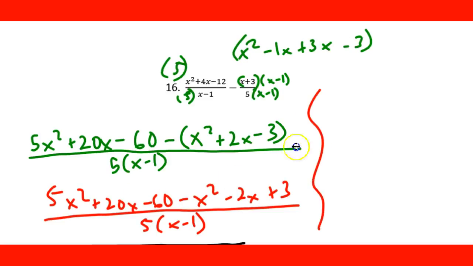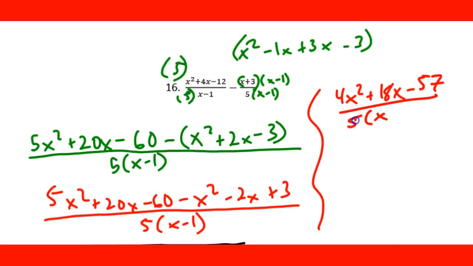We have 5x squared minus x squared, that's going to be 4x squared. 20x minus 2x is going to be 18x. And then we have negative 60 plus 3. That's going to be negative 57. All right, all over 5 times x minus 1.